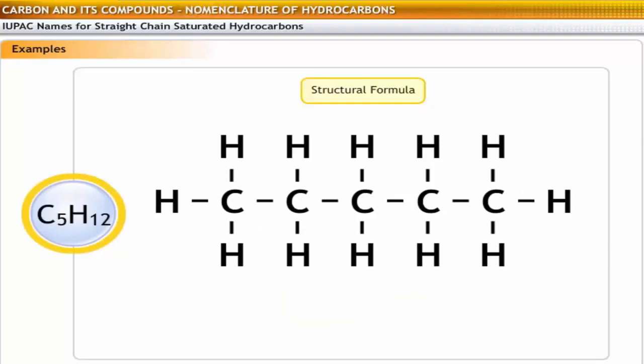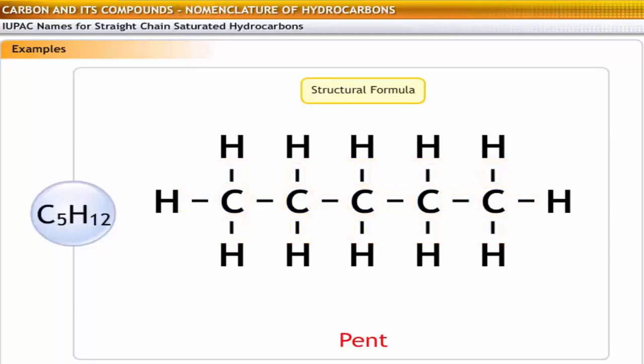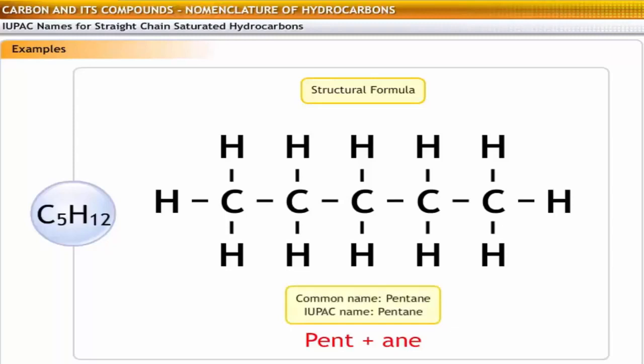Since C5H12 has 5 carbon atoms, its root word is pent. The carbon atoms are saturated with each having 4 bonds attached to different atoms. So, it is an alkane. The IUPAC name is a combination of pent and ane: pentane.